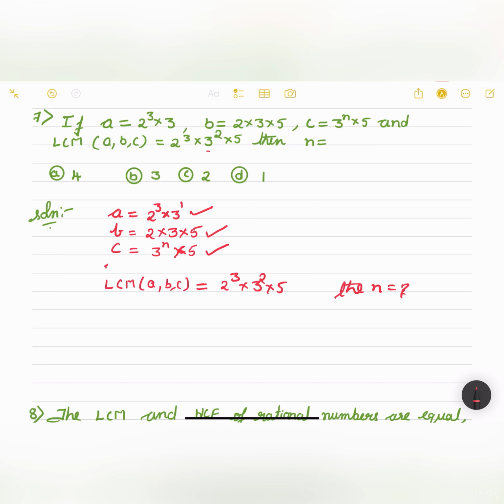When we see this 3 power n here and here 3 square, always the LCM is taken as the highest power of the prime factor. 3 is the prime factor, here 3 power n and here 3 square. Therefore, it is 2 is the correct option. Option C.